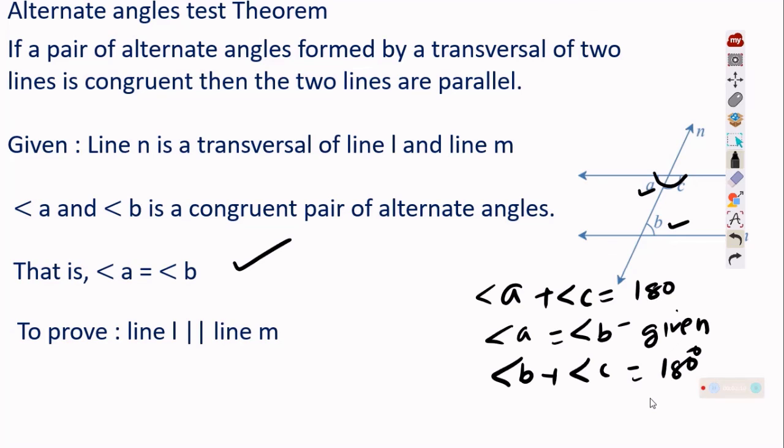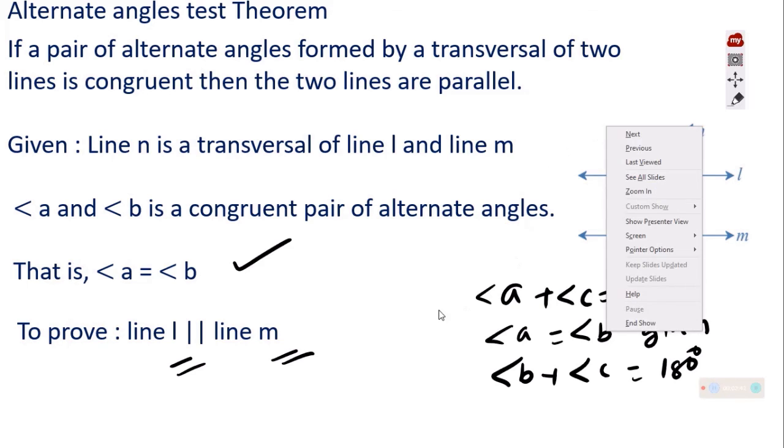So from this we conclude that as the alternate angles formed, A and B in this case, are congruent, and we could prove that when added with C both give 180, we will say that line L is parallel to line M, using the theorem in the opposite way. We will call it the converse theorem.